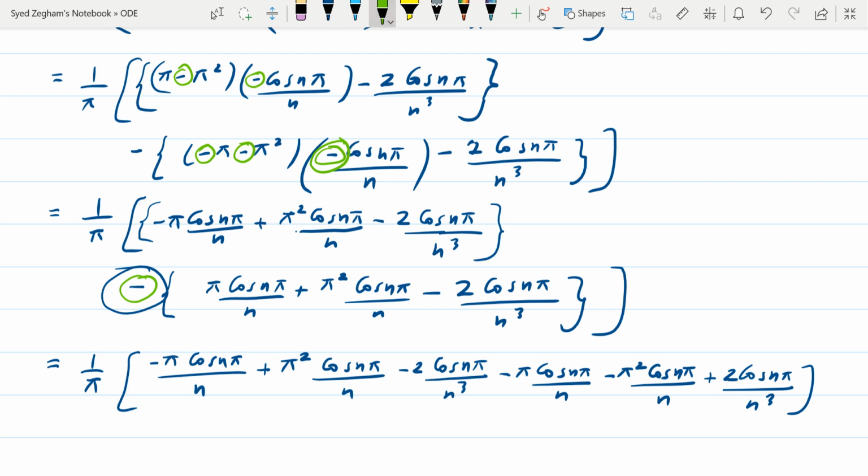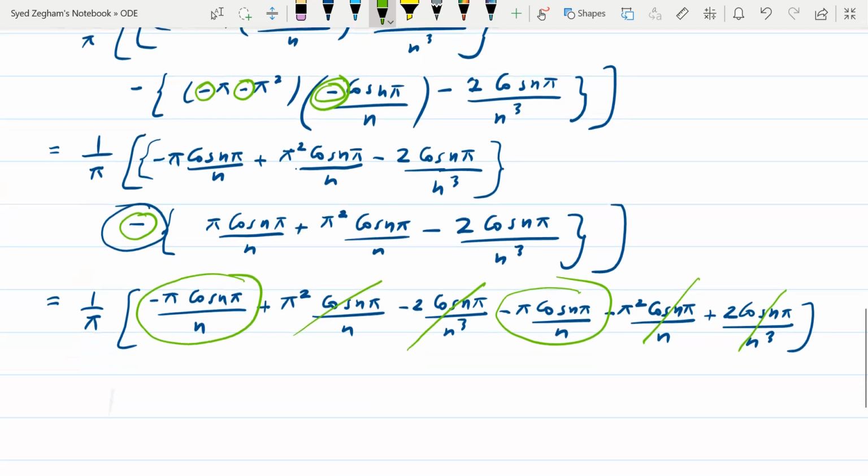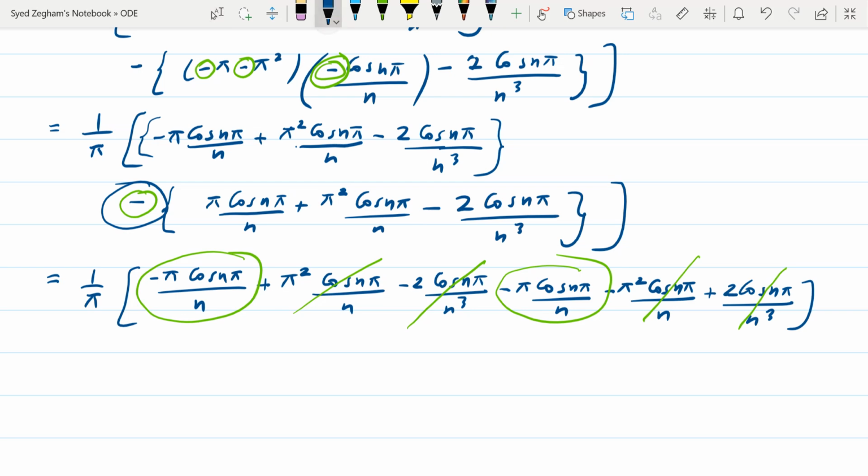What all will cancel? This pi square cosine n pi by n will get cancelled with pi square cosine n pi by n with minus, and same way minus 2 cosine n pi by n cube will get cancelled with plus 2 cosine n pi by n cube. And these two terms, they are same, so they will be added. So finally you are getting 1 over pi.